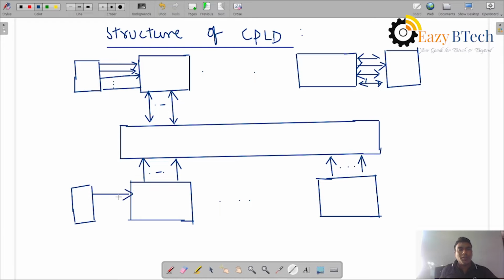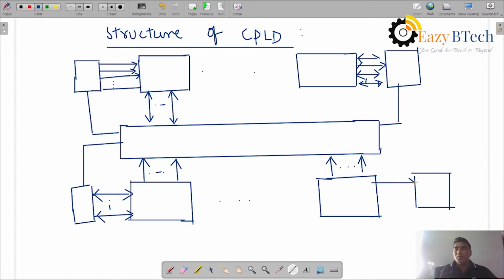From here to here we can connect, through the programmable interconnect. Here also we can take this IO connection.